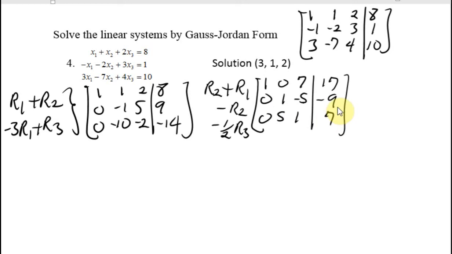Okay. So now we use the leading one at A22 to get a 0 below it. So we do that by saying negative 5 times row 2 plus row 3.